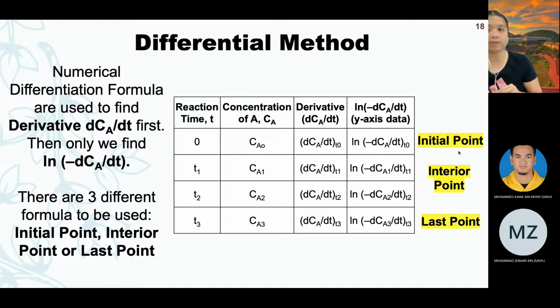I will show you later. Then there is another formula. The next formula, for any point or any reading in between the very first reading and the very last reading, you will use the same formula. We call it the interior point formula.